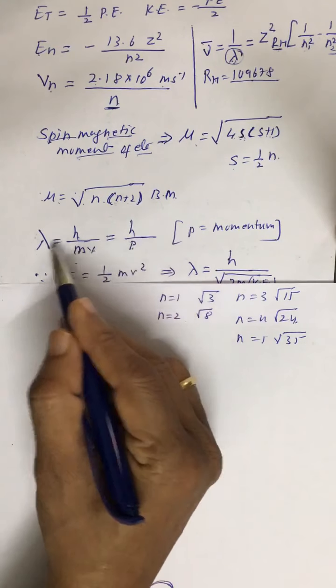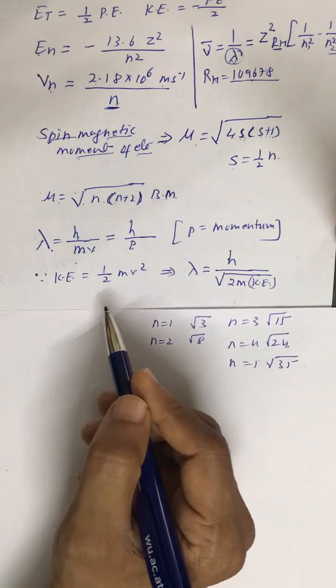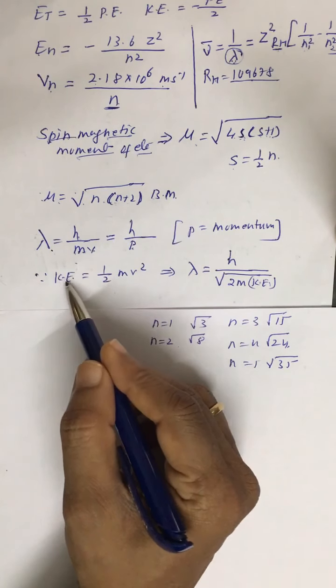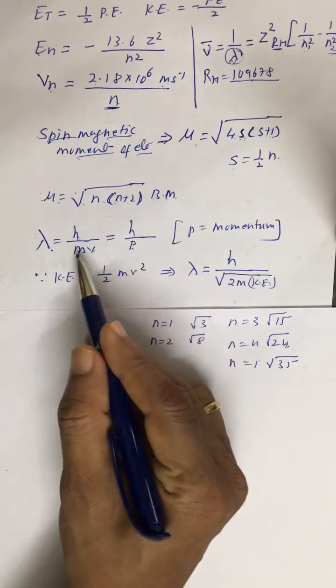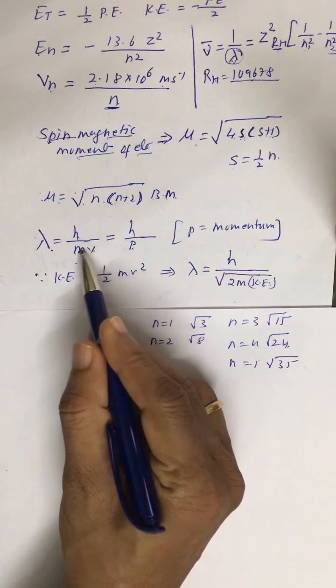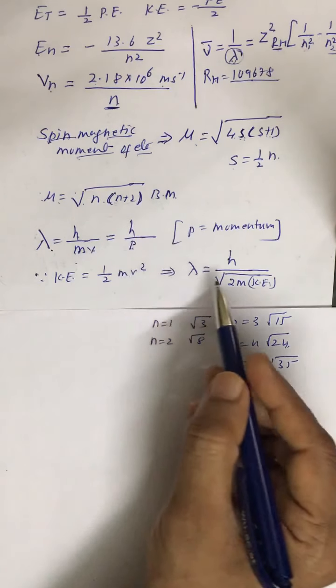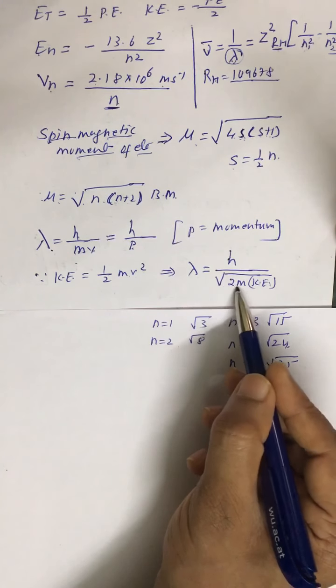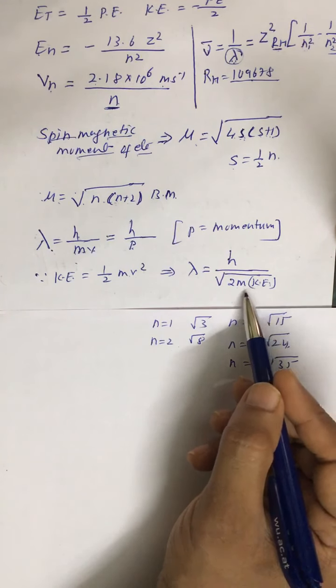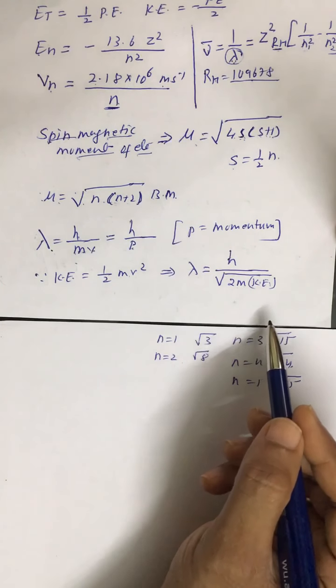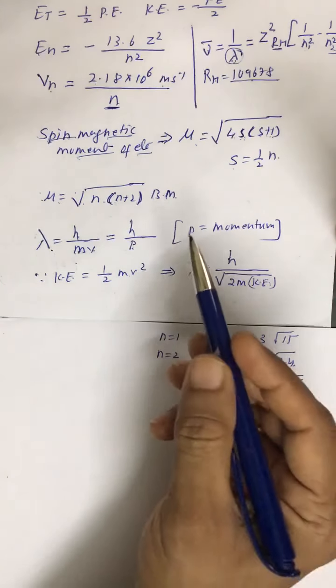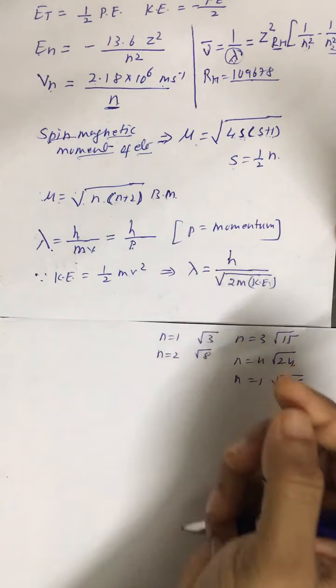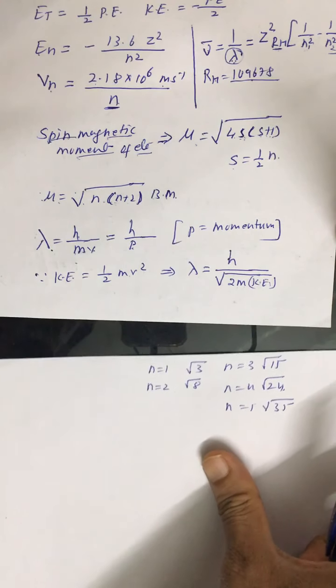So we can use lambda equal to h upon p. Or since kinetic energy equal to half of mv square, we can substitute the value of mv from here. You get a relation lambda equal to h upon root of 2m kinetic energy. So these are some formulas in atomic structure.